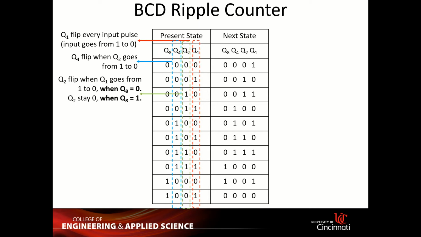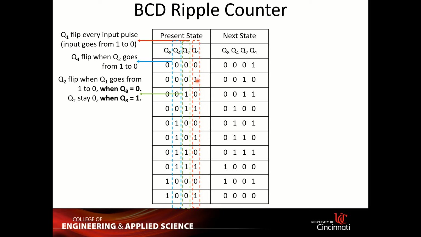Now Q2. So Q2 flips when Q1 goes from 1 to 0, only when Q8 is equal to 0. So for the first whole block, from this row to this row here, this applies. Q2 will flip when Q1 goes from 1 to 0.